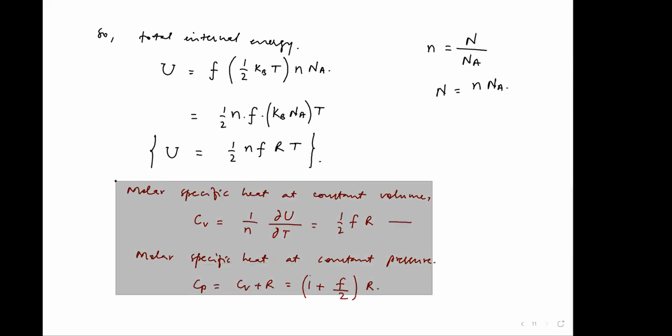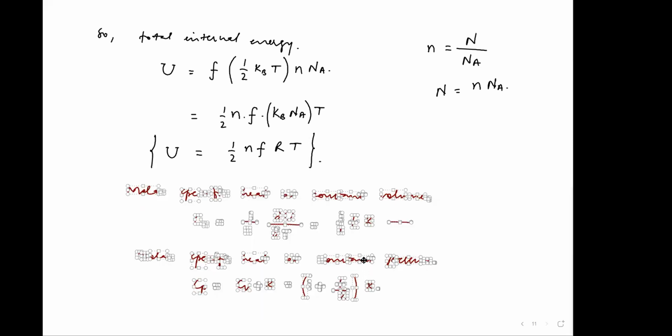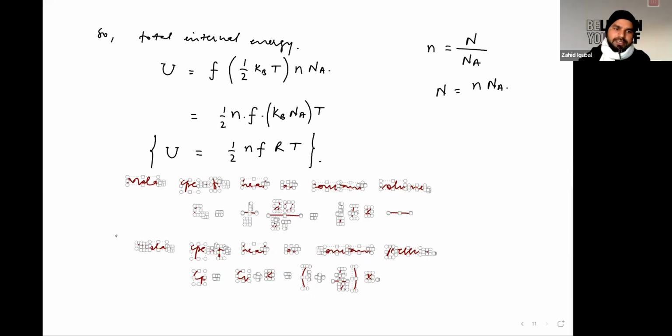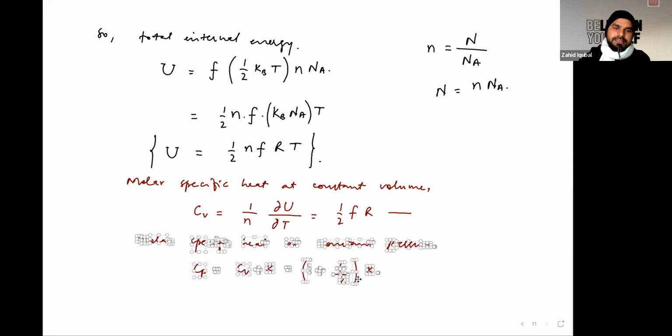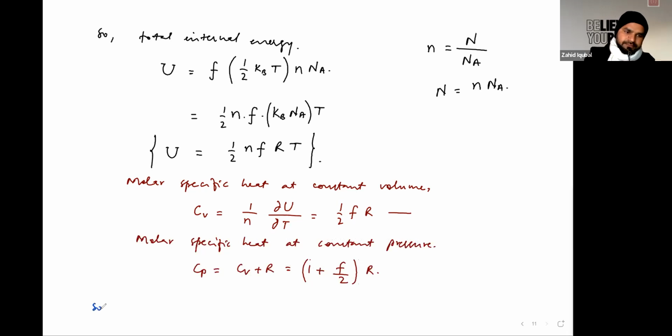Yes, sir. Okay. So from this part further, we have to calculate the value of gamma, that is the specific heat ratio. Gamma is nothing but a ratio of these two terms, Cp divided by Cv.